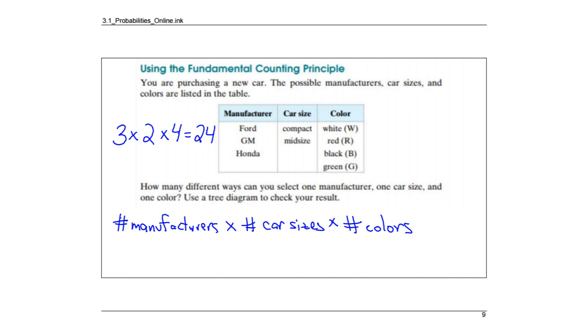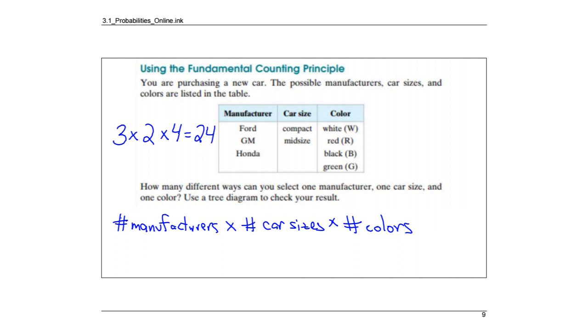We are purchasing a new car. We're going to look at 3 different manufacturers, 2 car sizes, and 4 colors. Now we could create a tree like we did in the beginning of the lesson, or we can just go ahead and multiply these, right? Because we have 3 different manufacturers we're going to look at times 2 different sizes of cars.